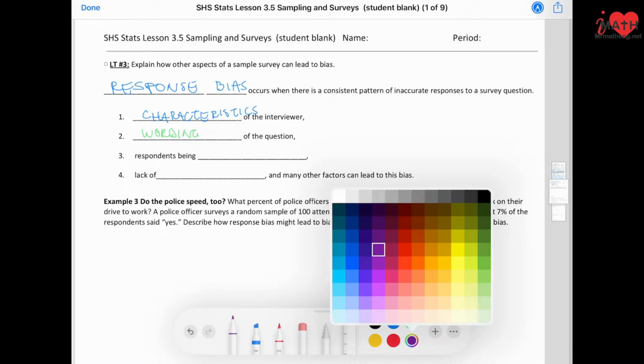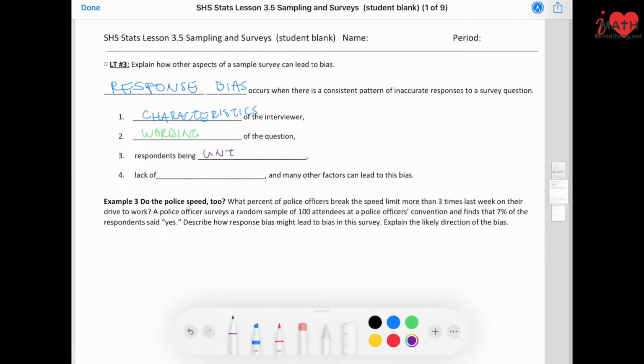Number 3, respondents being untruthful. Maybe it's a question that is controversial, like, say, to a teenager. If you ask them, "Hey, do you drink alcohol or do you cheat in school?" And the respondents may not want to be truthful because it kind of exposes them, so you might lie.